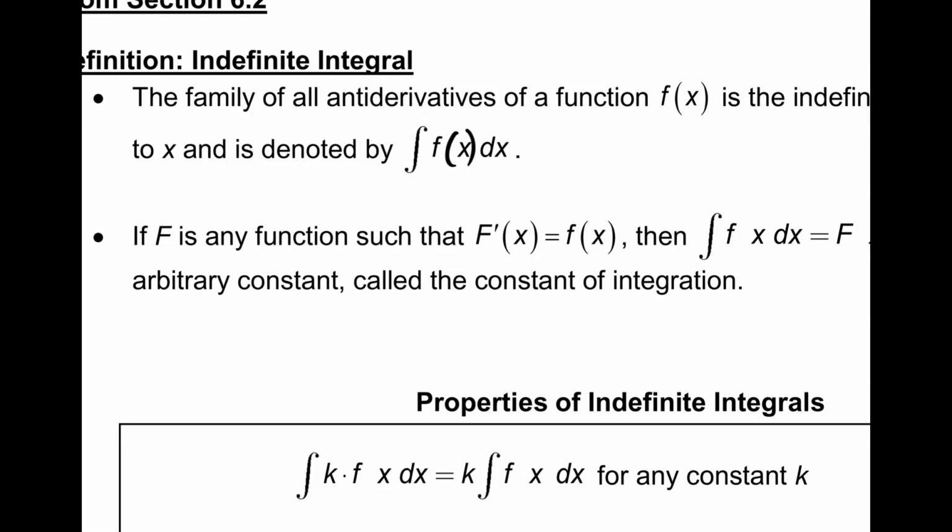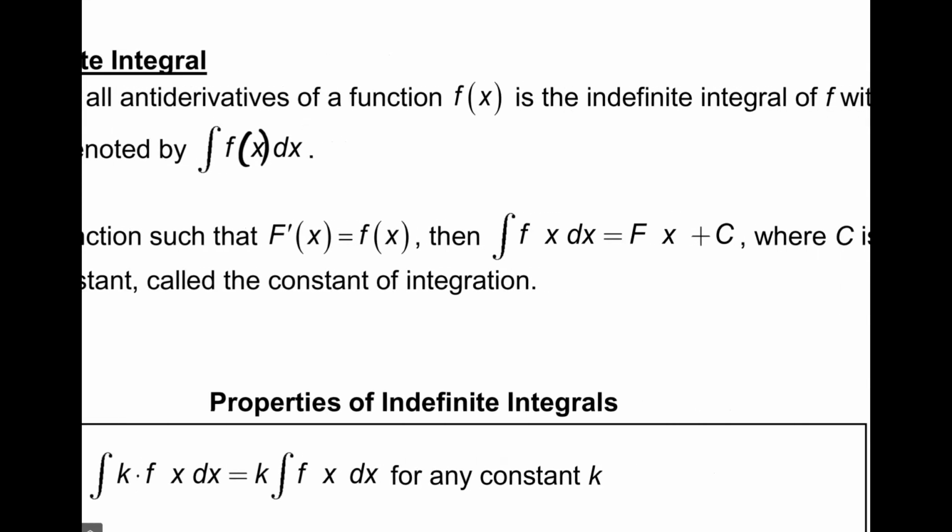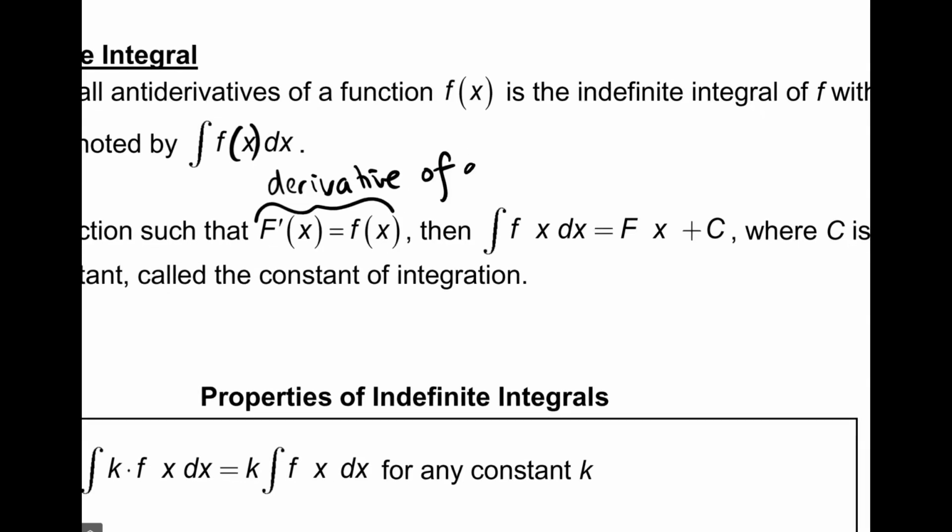If capital F is any function such that the derivative of F is f of x, what this means is that the derivative of an antiderivative is the original function.